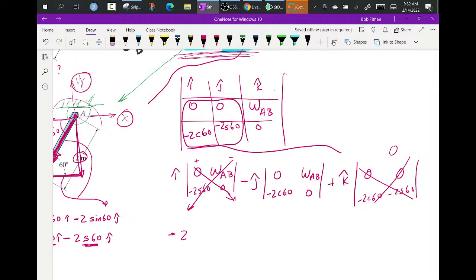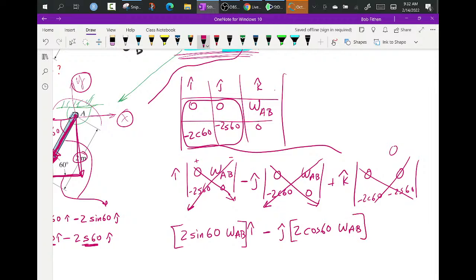So since I got two minuses, I'll have 2 sine 60 omega AB I comes out of this. Plus and a minus, that minus makes it a plus, and then another minus makes it a minus. 2 cosine 60 omega AB, and then I'll put a box in there.